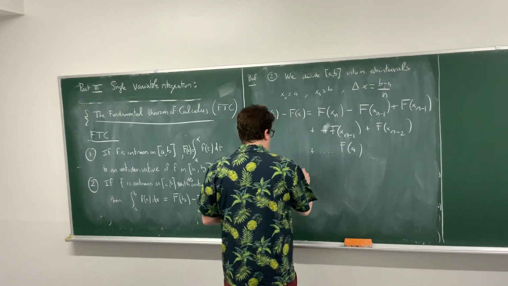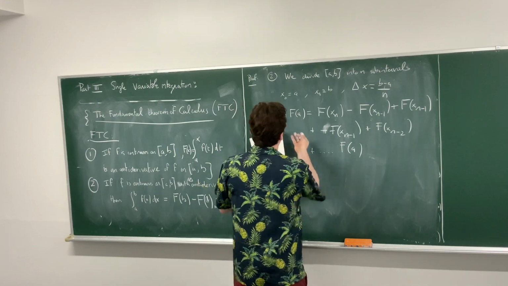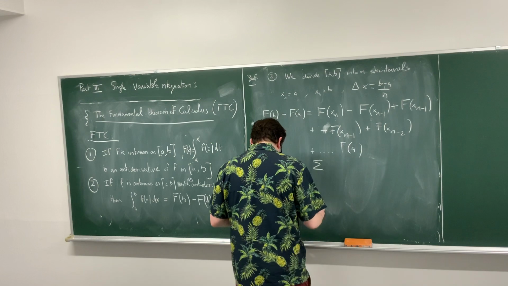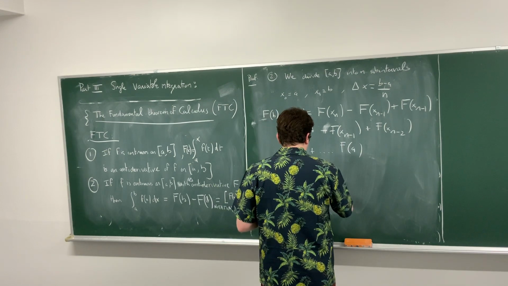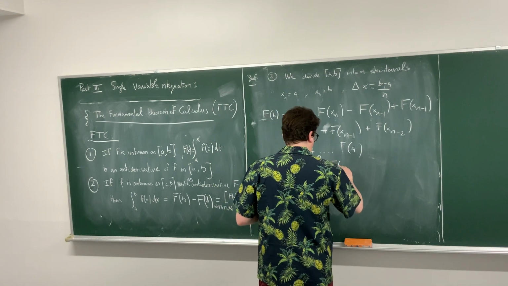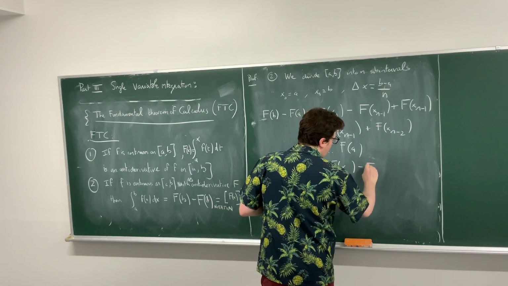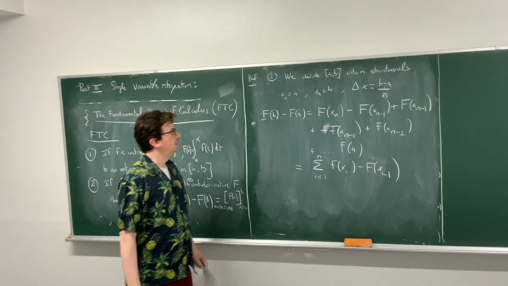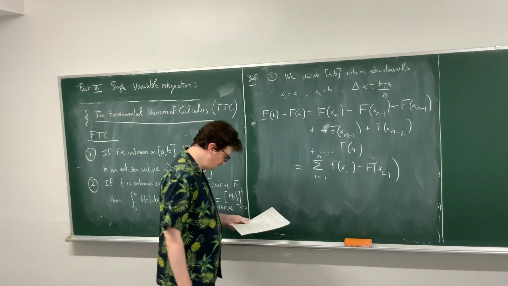And so you can basically write F of b minus F of a just as the summation for i equal 1 to n of F of xi minus F of xi minus 1. Yes, basically you can write it this way.